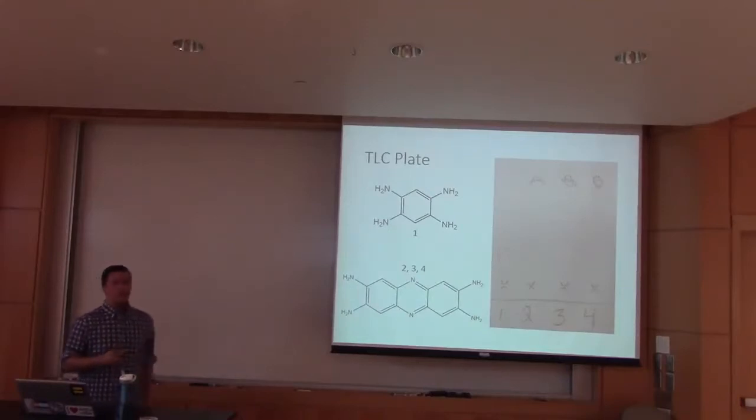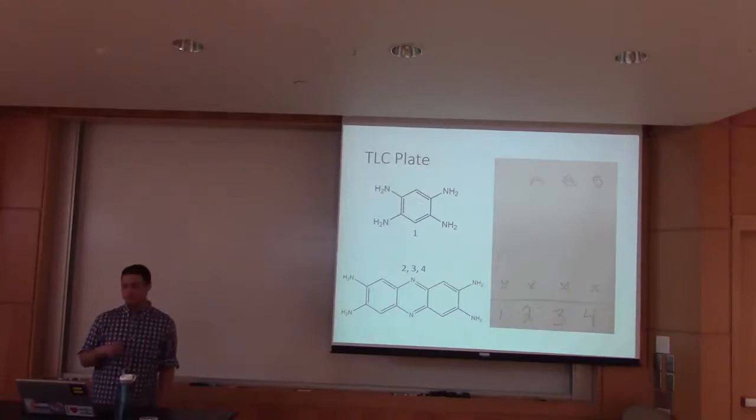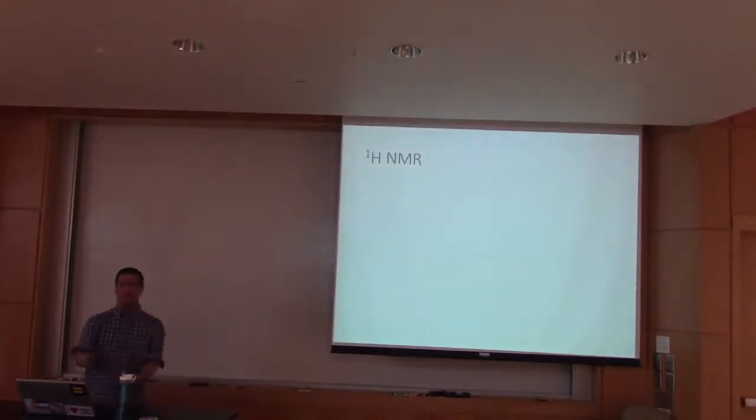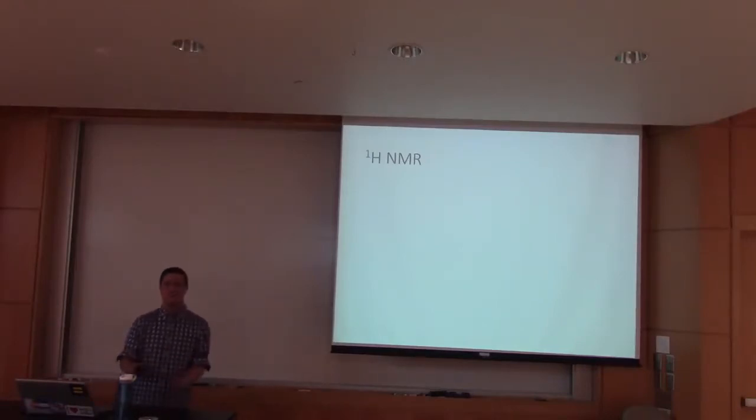So now that we've figured out we haven't just filtered and isolated our starting material, how do we know what we actually made? Well, that leads us to HNMR. And for the P chemists, I'm sorry, it's going to be a really short introduction to NMR.